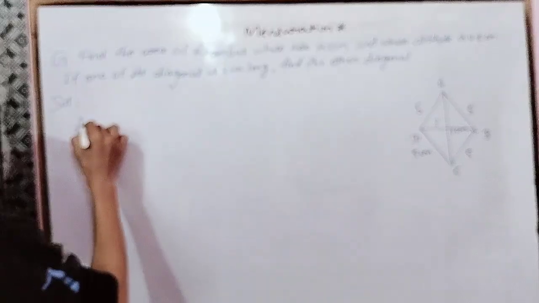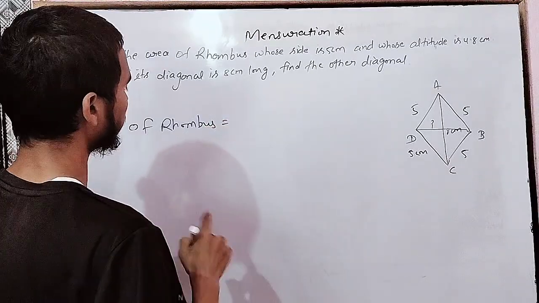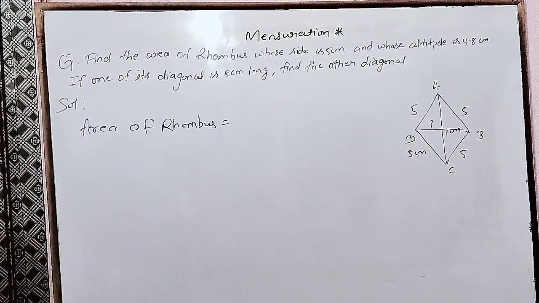Tell me the area of the rhombus. What would be the formula for finding the area of a rhombus?